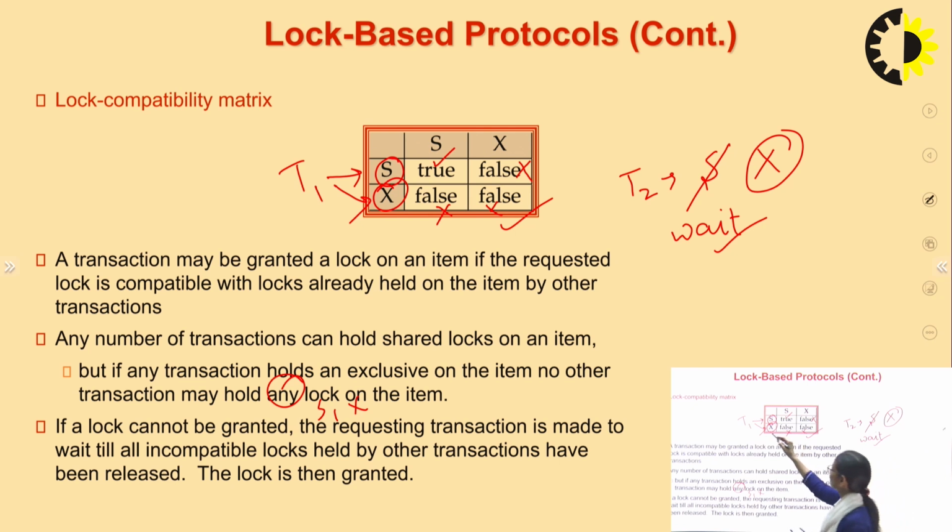Until T1 releases its lock. As soon as T1 releases its lock, T2 would be granted permission and it will come out of the waiting state. This we have already discussed.